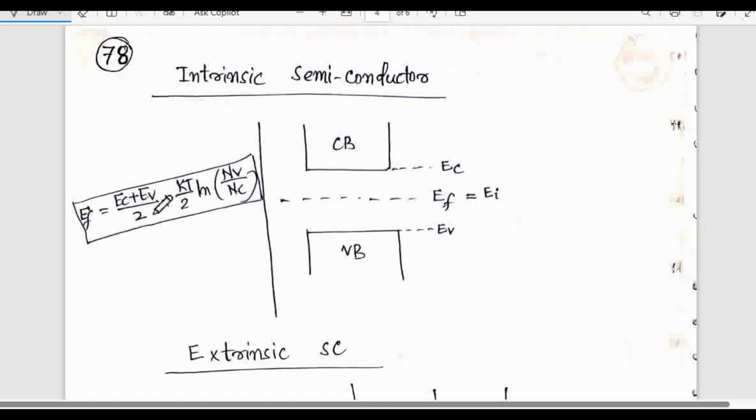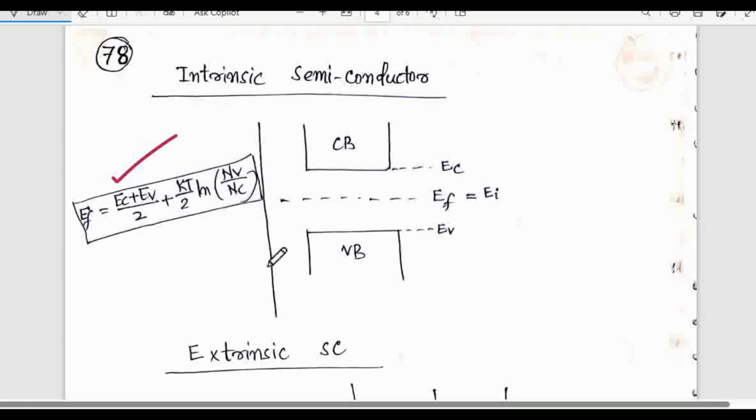So this is the equation, where EC is the energy of the conduction band, EV is the energy of the valence band, K is the Boltzmann constant, T is the temperature, and this ln term is NV by NC, where NV is the effective electron concentration in the valence band, and NC is the effective electron concentration in the conduction band.